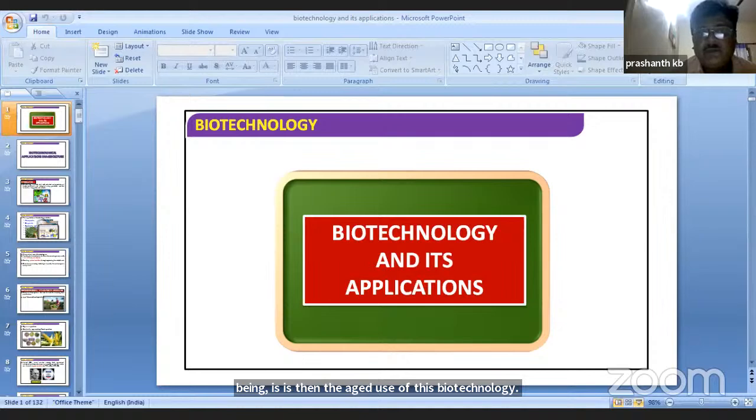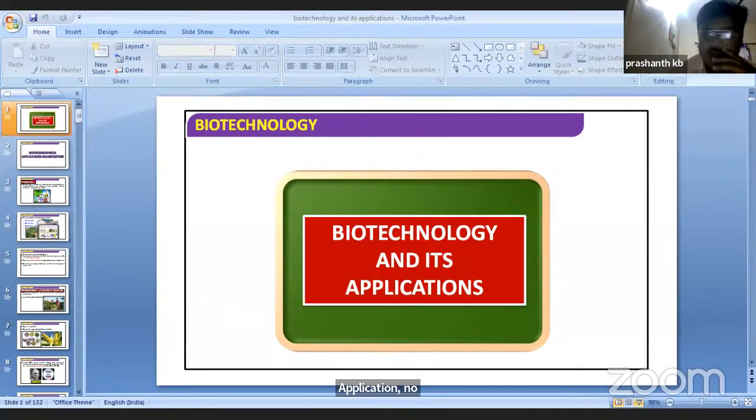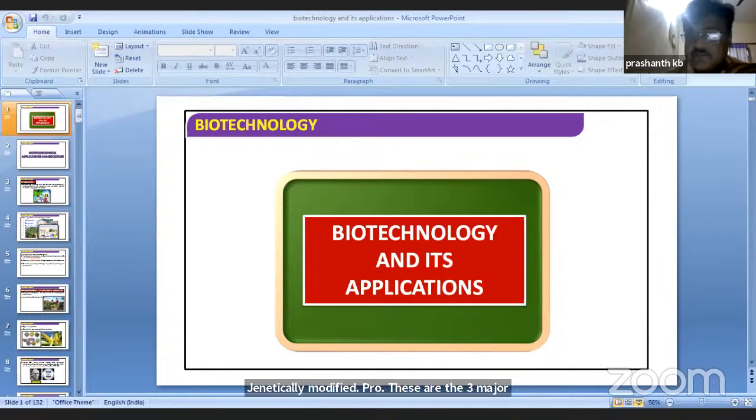Now, the same medical field, diagnostic centers, genetically modified crop. These are the three major fields. There are other fields, in the immunology field also it is there, in the animal husbandry field also it is there.